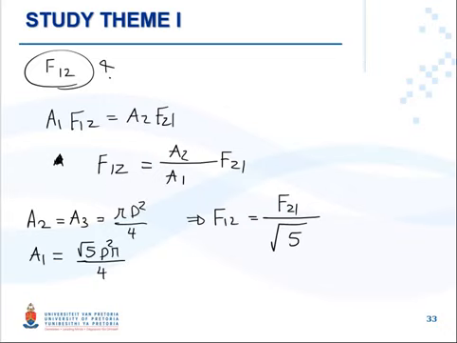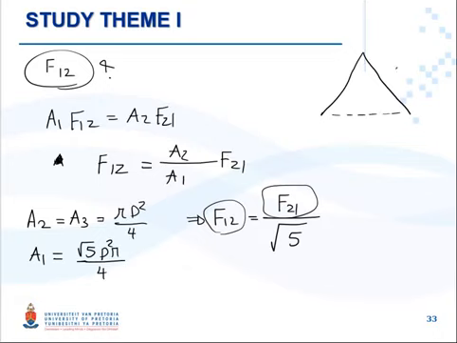But how can we find F21? For F12, first we need to find F21 and after that divide by √5. Let me just sketch the 2D.